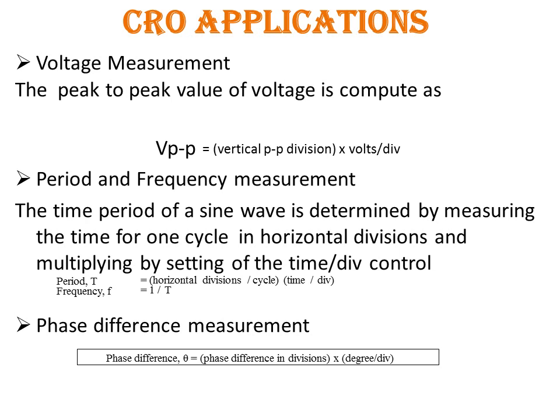Frequency is the inverse of the period. So f is equal to 1 by T. In phase difference measurement, the phase difference in divisions is measured and it is multiplied by degree per division. This is how we determine the phase difference between the signals.